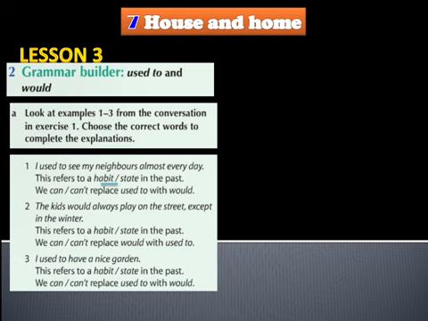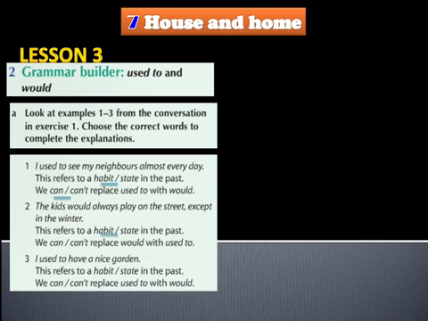We choose habit. We can replace used to with would because we are talking about habits, habitual verbs, not states.